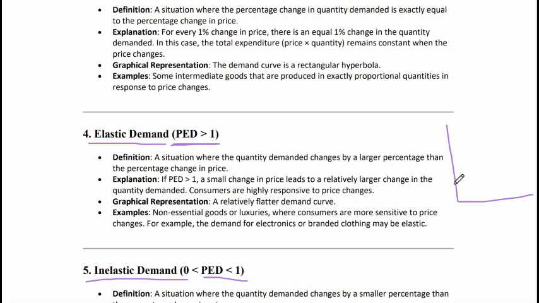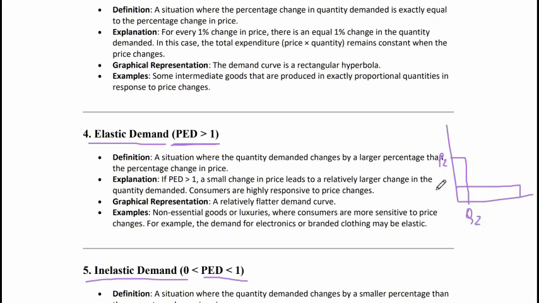Here it is elastic. So the price, we can show it like this. And as the price increases, the demand has changed very much. So this is P2, this is Q2.